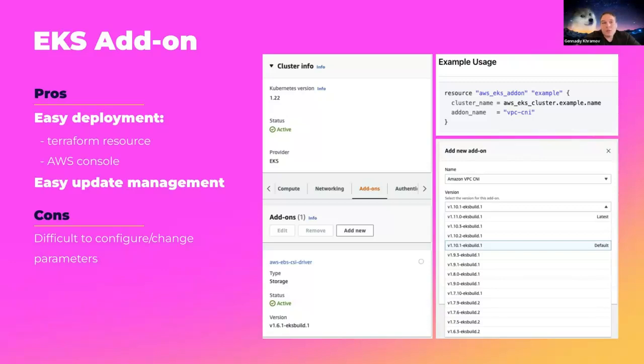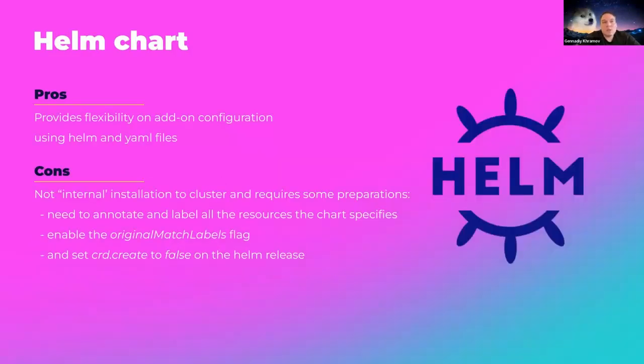The minus of this approach is that you still cannot configure environment variables for the add-on, not with the console, not with Terraform. To update environment variables, you will need to use kubectl patch or kubectl set env, and that's why our choice is to install and update this add-on with a Helm chart.